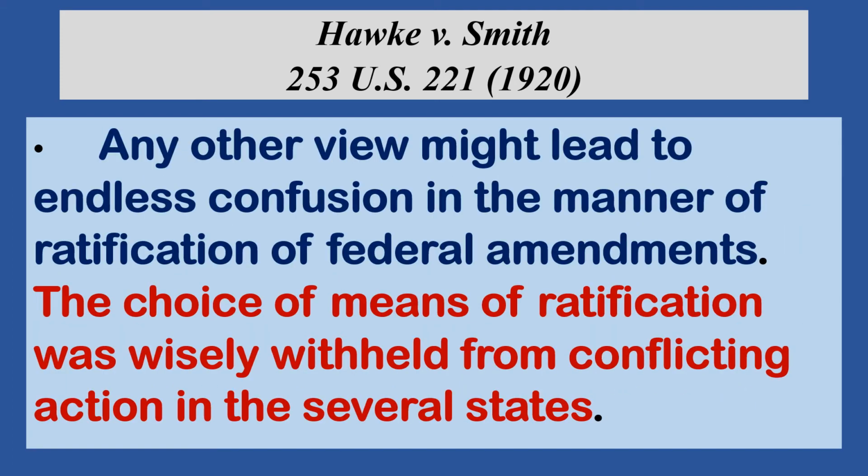And here the court makes maybe one of the most important points, that if you had different rules across the nation, you would have endless confusion. And it's very important for the nation to have uniform rules in this area. This is what allows people to feel like they're part of a nation.